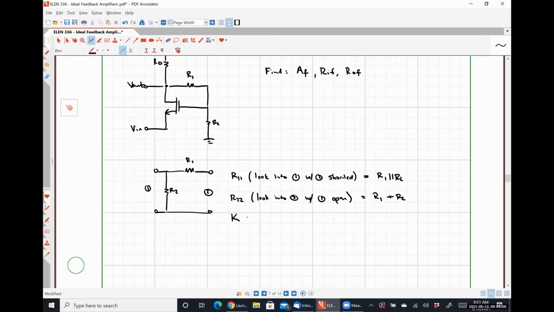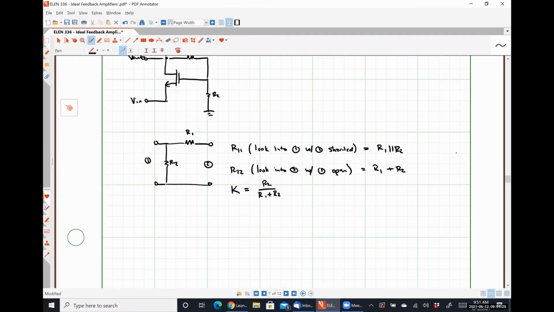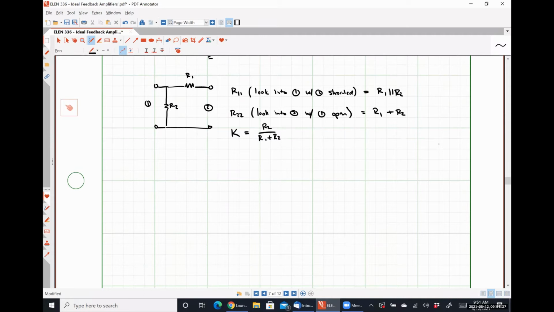Our feedback factor K, again, we would find it the exact same way we did in the last example problem. It cannot have changed because it is literally the exact same feedback network. So it's just going to have a value of R2 over R1 plus R2. So from here, we can now construct our open loop circuit. So we're effectively breaking the feedback loop and then loading the parts as is correct, okay?